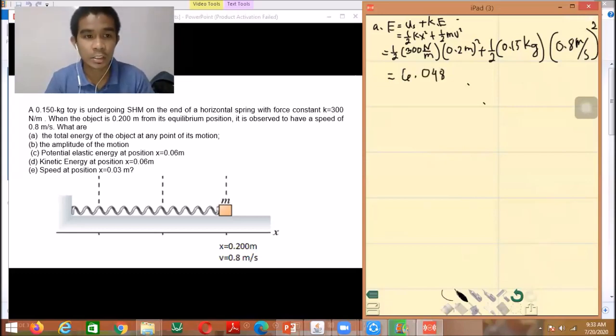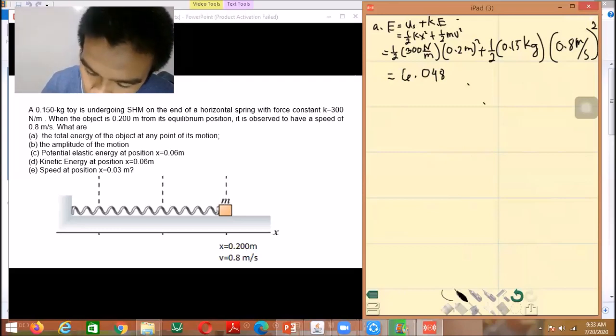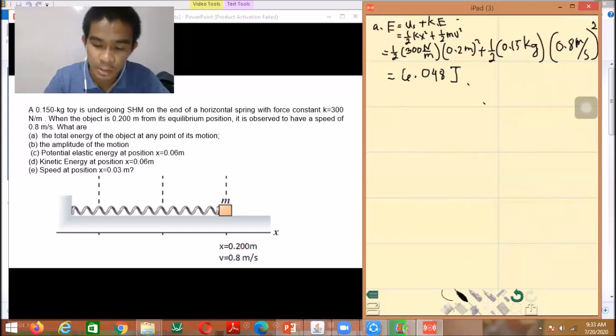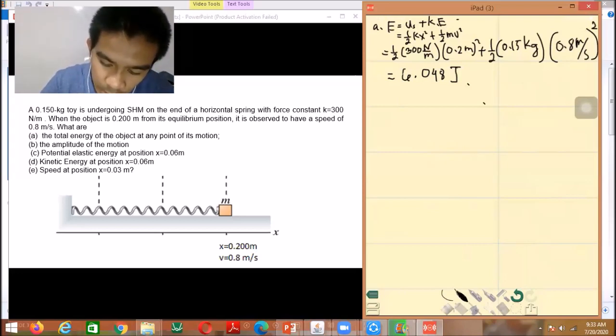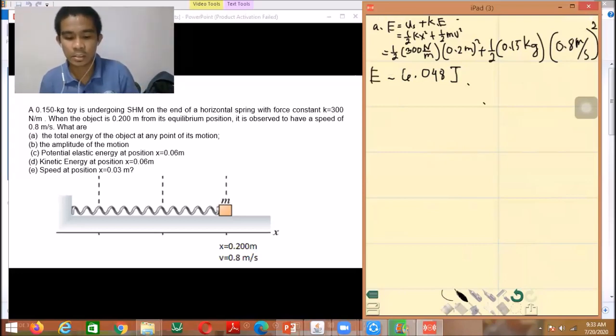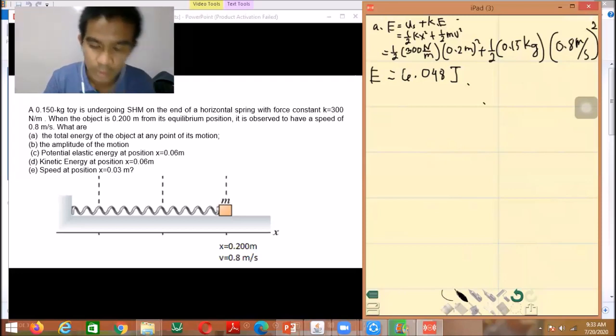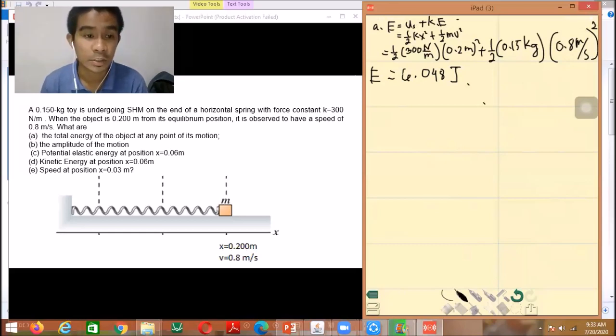What's the standard unit of energy? Joules, symbol J. So this is the total mechanical energy of the object at any point of its motion.